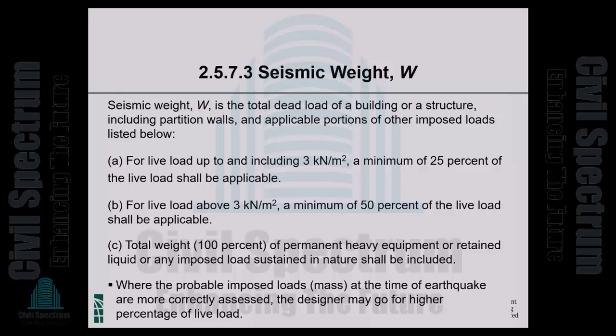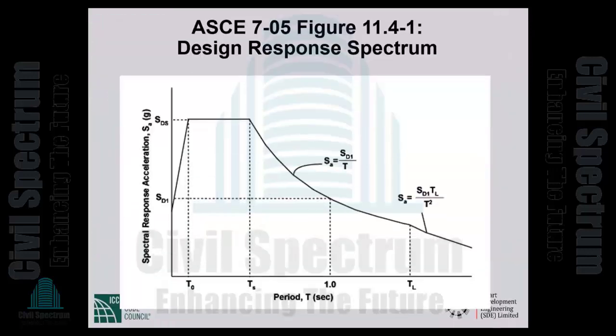Where the probable imposed loads at the time of earthquake are more correctly assessed, the designer may go for a higher percentage of live load. I have not seen anybody do that.